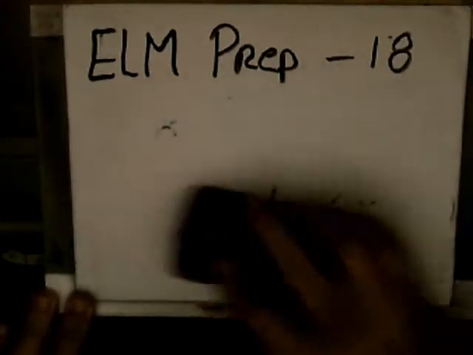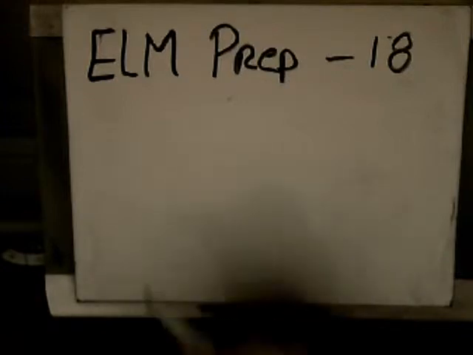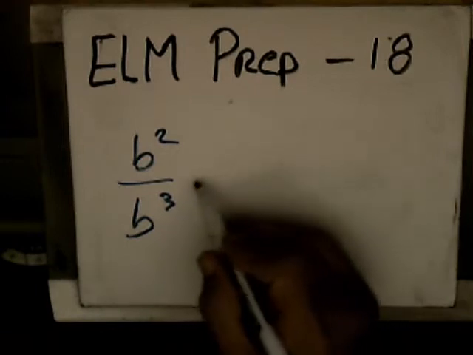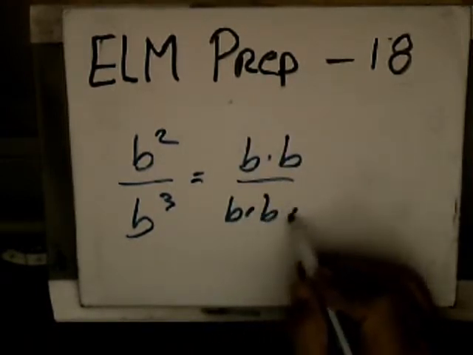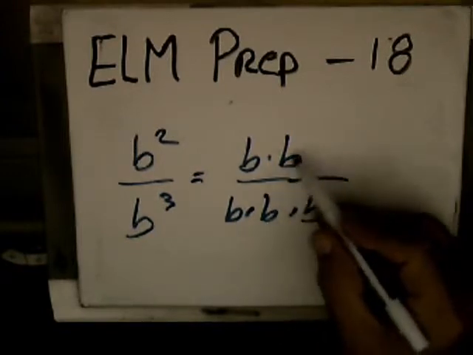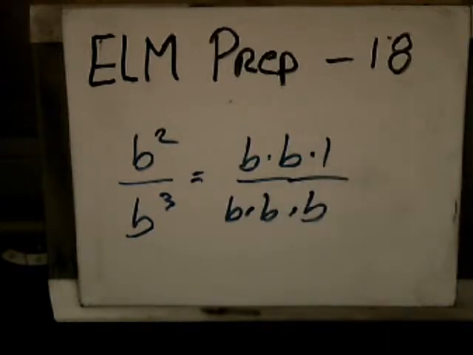Let's talk a little bit about this. I'm going to break this out just a little bit. Let's say I have b squared over b cubed. Well, this is really equal to b times b and b times b times b. And I'm just going to add a 1 in here, because anything times 1 is just itself.